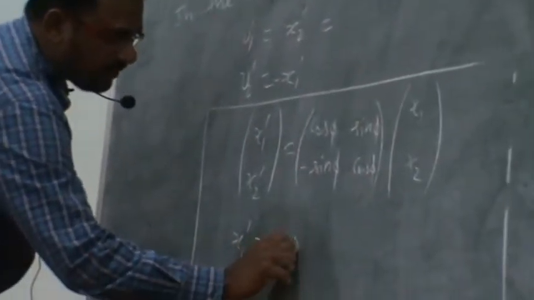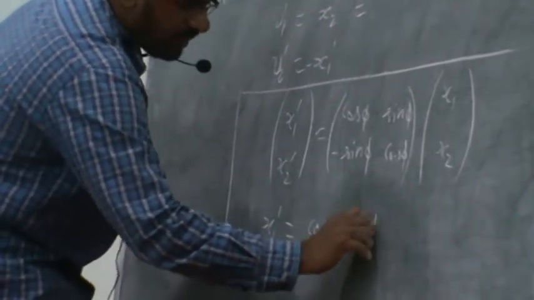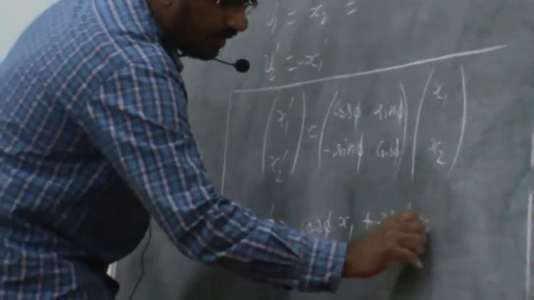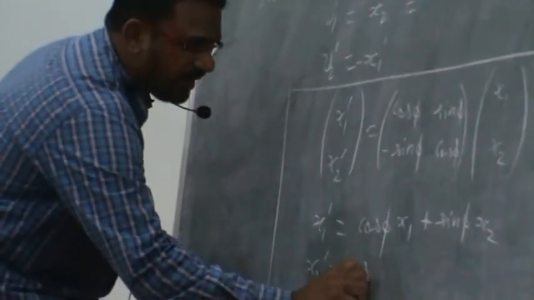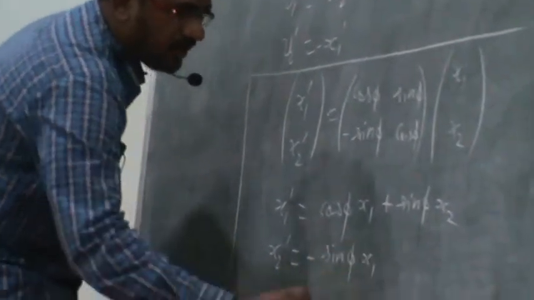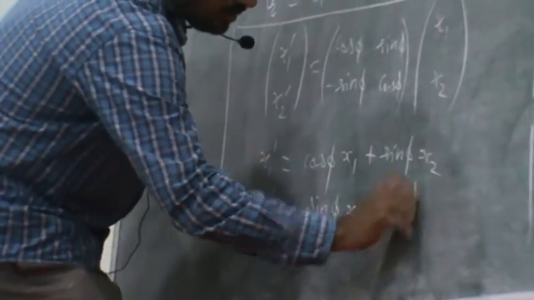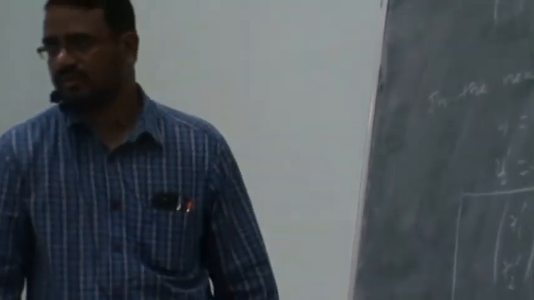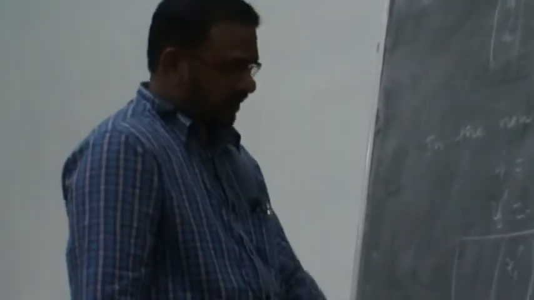If it is a vector, it should transform in this manner. x1 prime is equal to cos phi x1 plus sin phi x2. x2 prime is equal to minus sin phi x1 plus cos phi x2. If it is a vector, then it must satisfy this transformation rule. Correct?